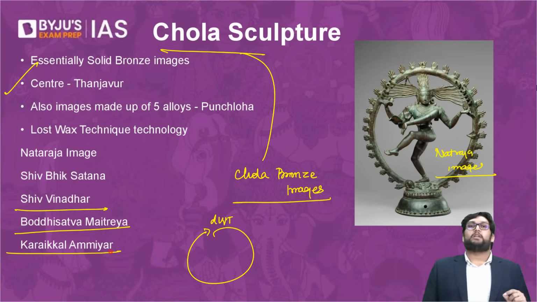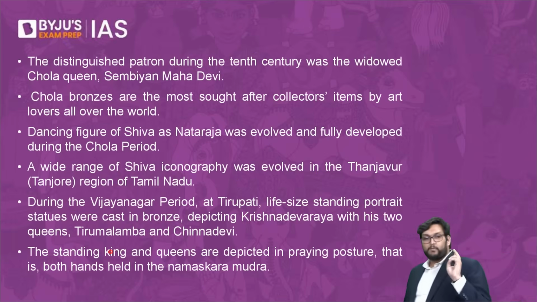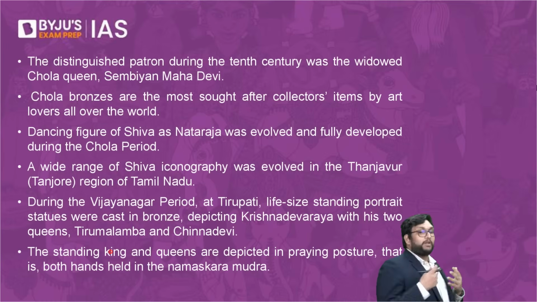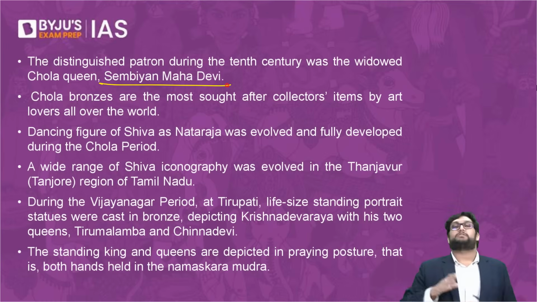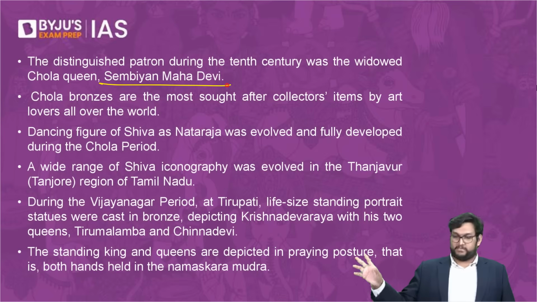Chola sculpture till today is the most smuggled sculpture because of its technique and finesse. And more than that, in the 10th century, the Chola queen Sembiyan Mahadevi was the biggest patron of this sculpture.